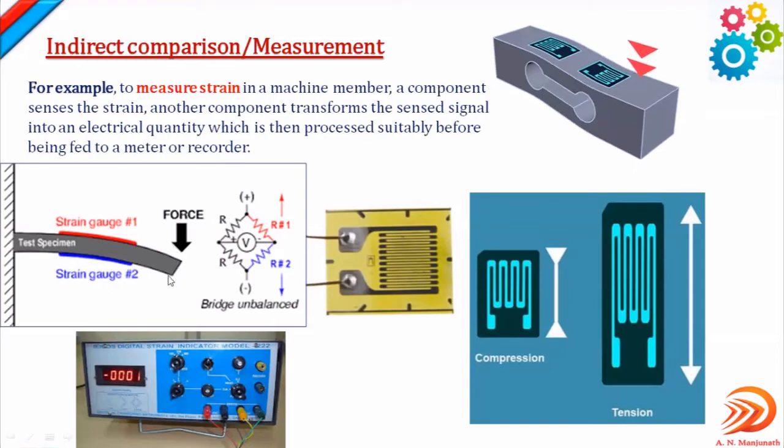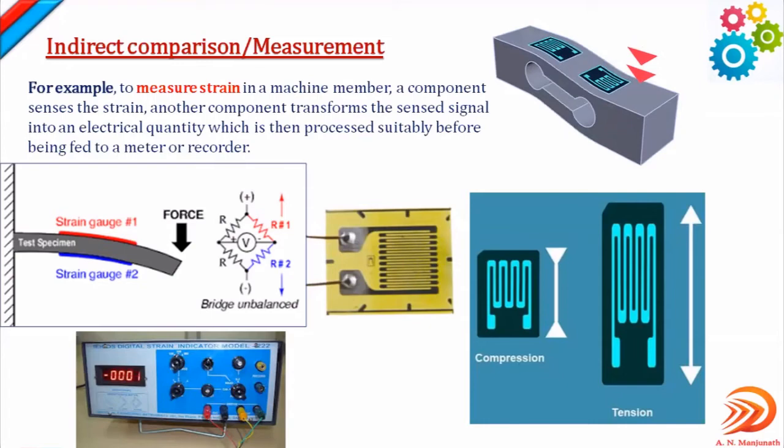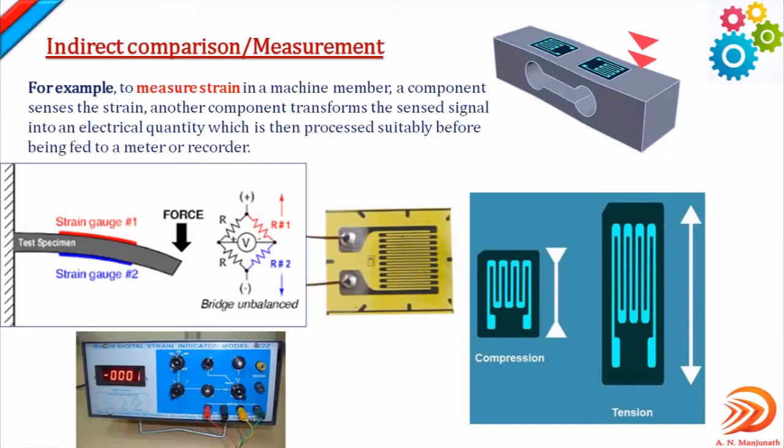For that weight applied, the strain experienced by this particular cantilever beam will be sensed. It is an indirect way of doing the measurement. Most measurement systems follow this indirect way because it does not have the drawbacks of the direct way of doing the measurement.